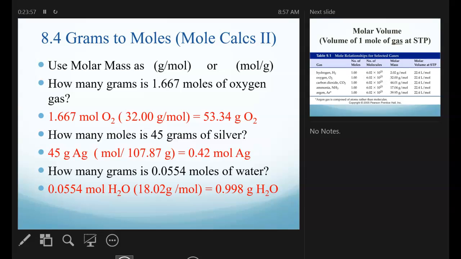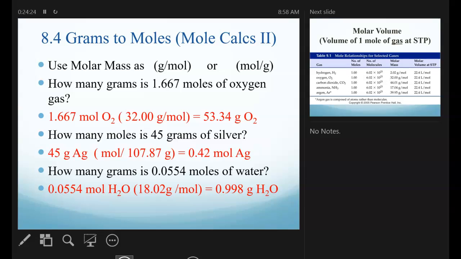To make life easier, we're just going to use 1 and 16 right now. And we're going to multiply by 18 grams per mole, right? Because 18 grams is the molar mass of water. 2 plus 16, that's 18. And you just do the math. That's all you do.